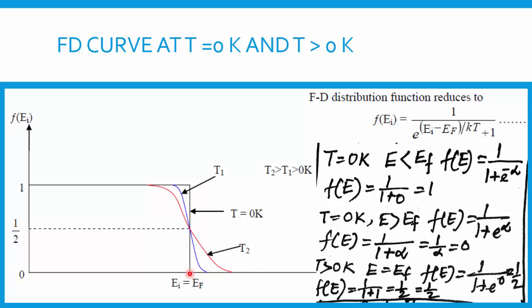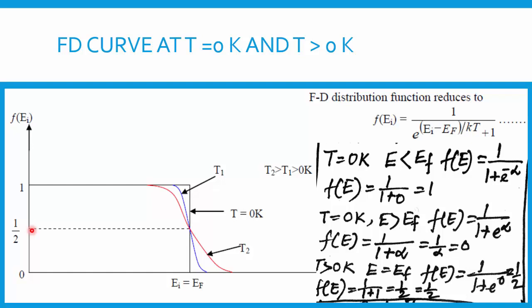So why did I choose the point EF? Now I am telling you the definition of EF, which is called Fermi energy. EF stands for a certain value of energy, or energy level, at which the number of electrons or the probability value will be half. That means if that energy level has the capacity to hold 6 electrons, it will hold 3 electrons.